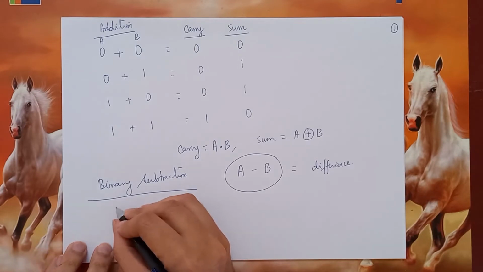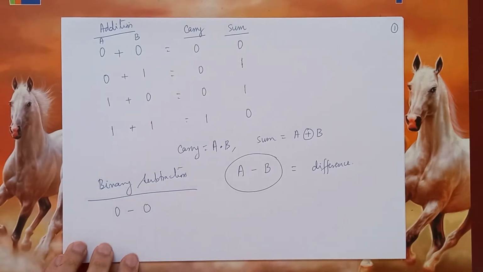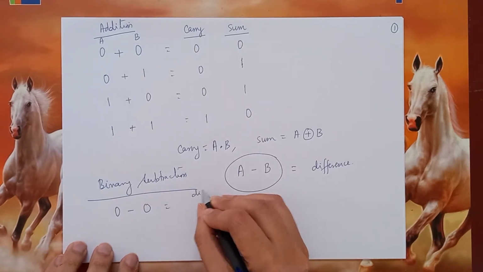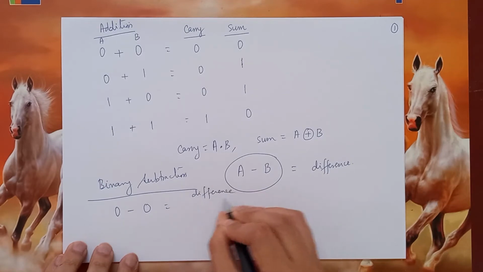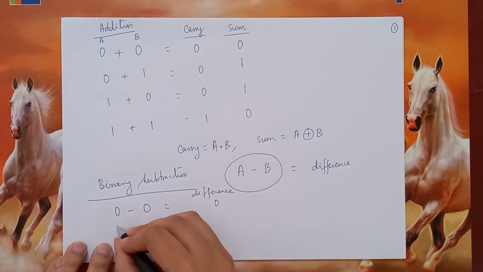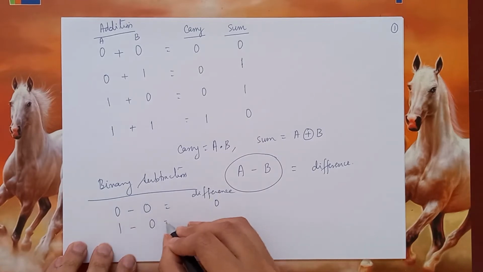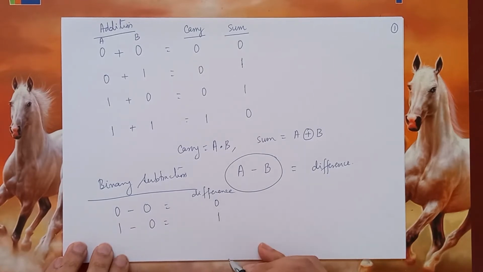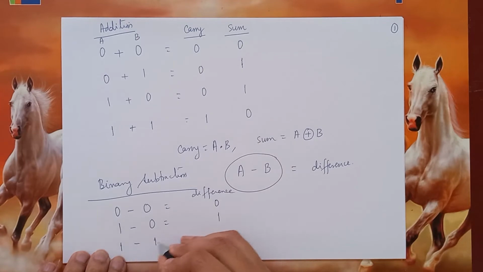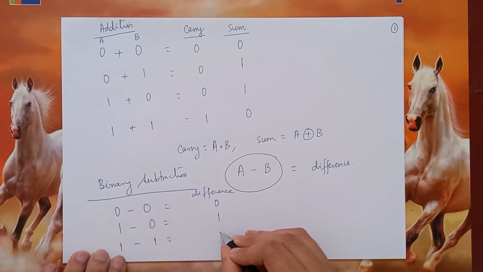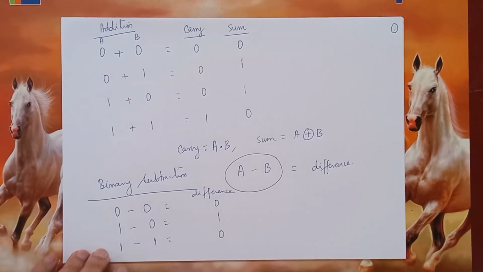So if I am doing 0 minus 0, the difference is 0. If I am doing, let us say, 1 minus 0, the difference will be 1. If I am doing 1 minus 1, then the difference is 0.